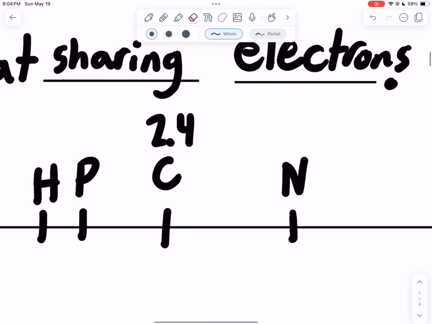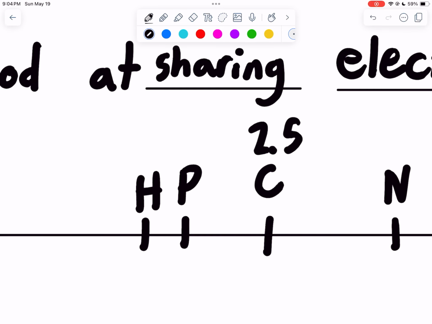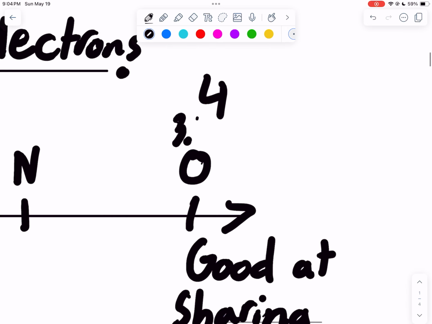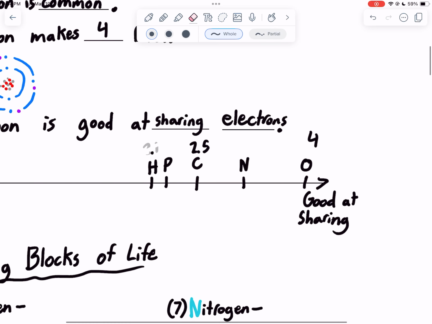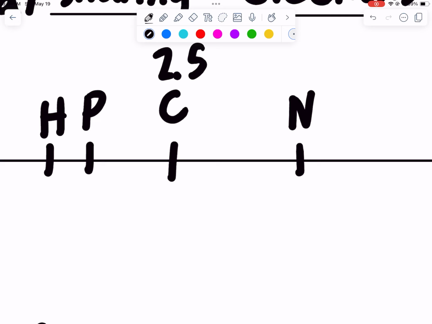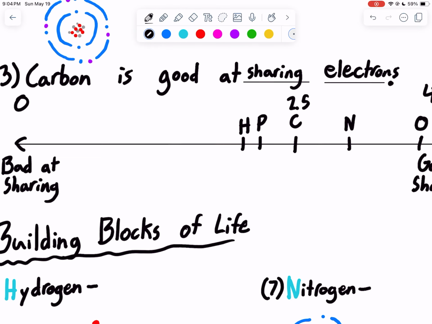For context, hydrogen is about a 2.1. Oxygen is over here, like a 3.5 or something like that. I have to check a table. But in general, this means because carbon is in the middle of all these elements, it is pretty good at sharing electrons relative to the other elements that are commonly in life.